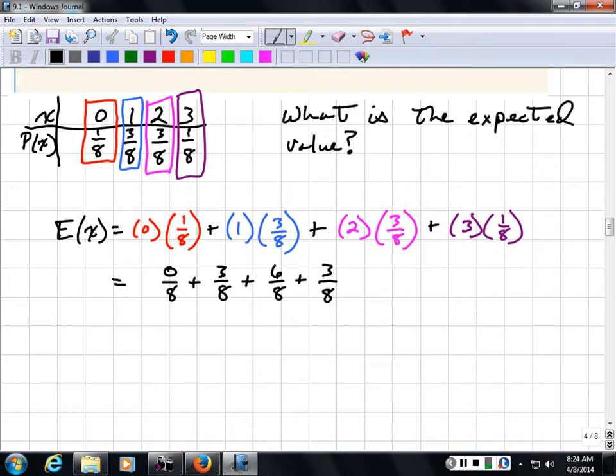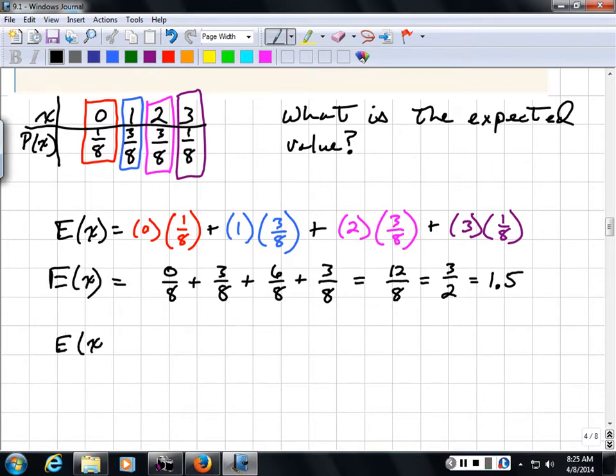If I leave it like that, I can just add the numerators and get 12/8. And then I will reduce that and get 3/2, which is equal to 1.5. That's my expected value.